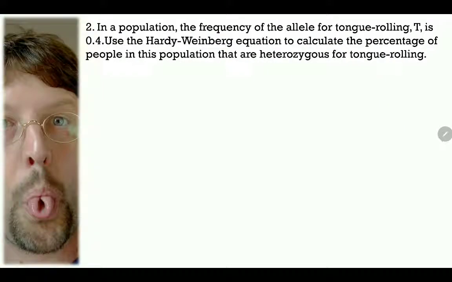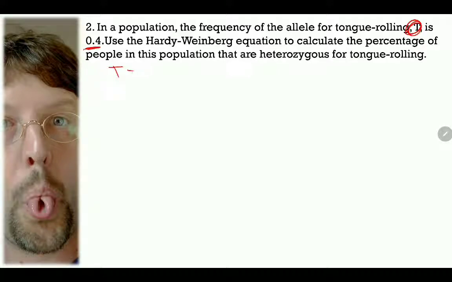Now, we also have another question. In a population, the frequency of the allele for tongue rolling T is 0.4. We need to use our equations to calculate the percentage of people which are heterozygous. Okay, so they've given us T. We can see it's dominant here, and it's 0.4.